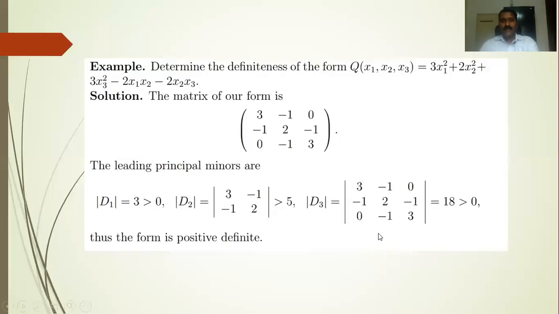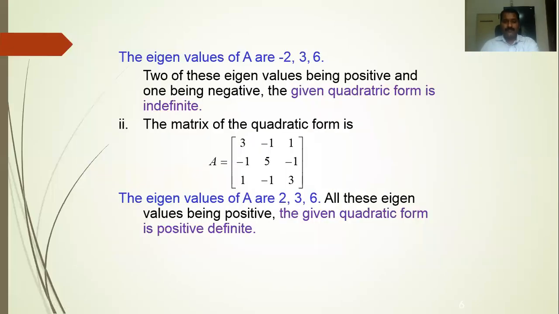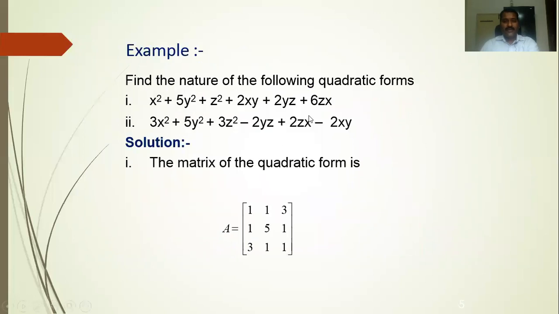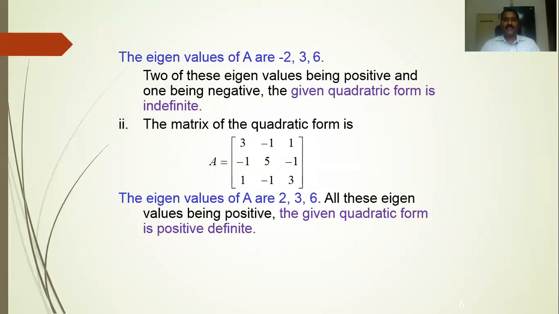Now we'll see the nature. What is the nature of this quadratic form? Again, it depends upon the eigenvalues. We know its eigenvalues are -2, 3, and 6. Now, 3 eigenvalues are present, so the rank is the number of variables present, the number of lambda present there. So the rank of this quadratic is 3. Index is the number of lambda which are greater than 0, that is 2, and the number of lambda which are less than 0 is 1 here.